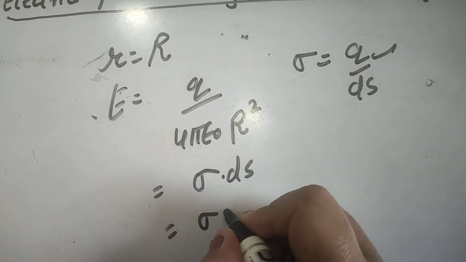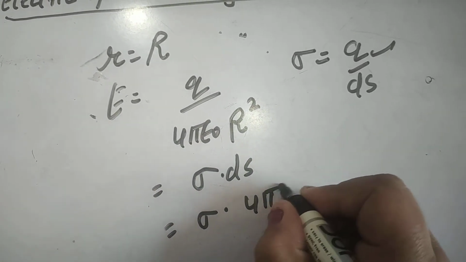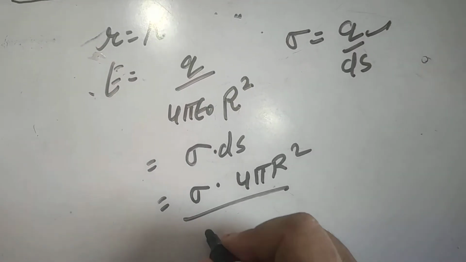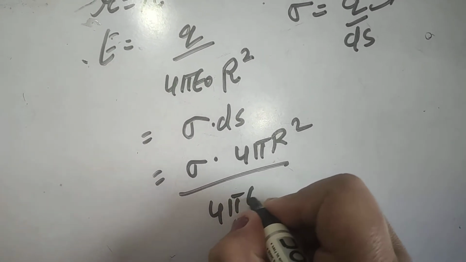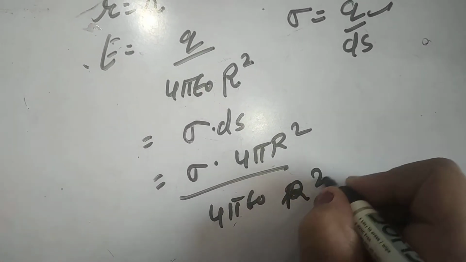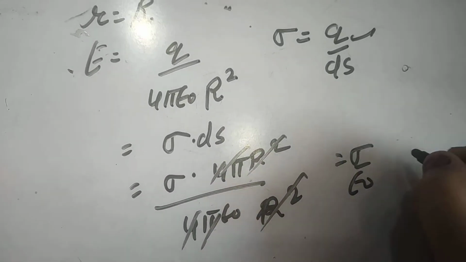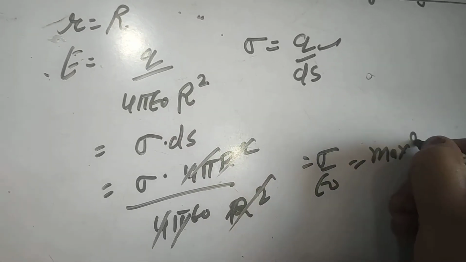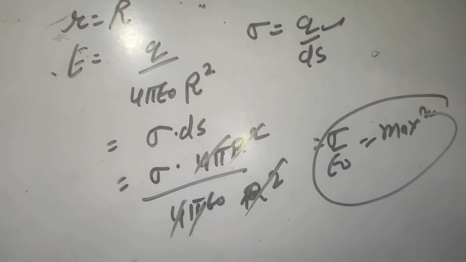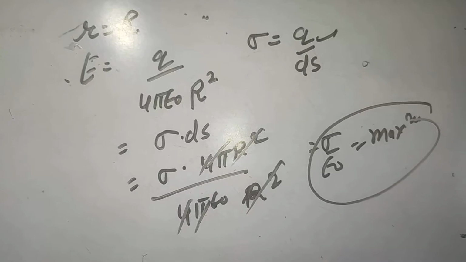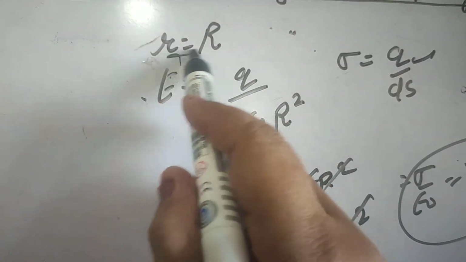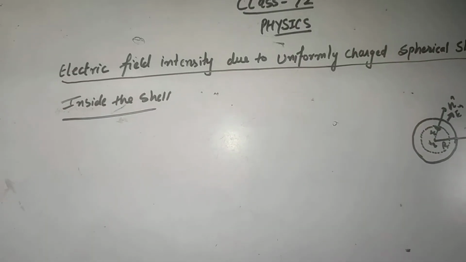So sigma dS can be written as 4 pi R square upon 4 pi epsilon naught R square. Cutting these values, we get sigma upon epsilon naught, which is the maximum value of field intensity. It means field intensity will be maximum at the surface when r is equal to capital R.